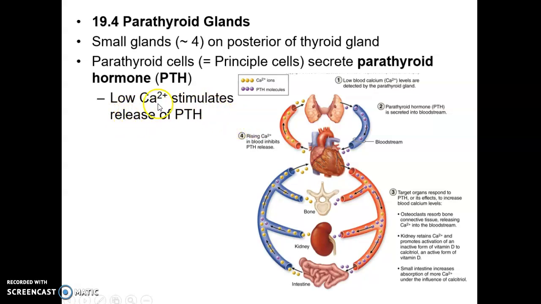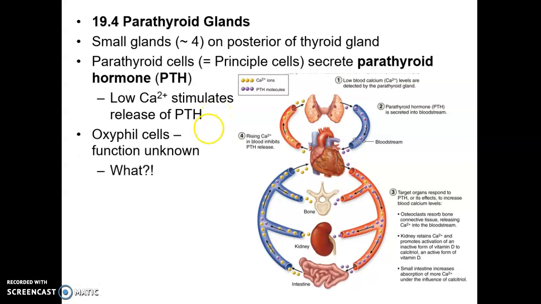So low blood calcium levels, so this 2+ here means a calcium ion in the bloodstream. When you have blood calcium levels that are too low, right, below homeostatic levels, that stimulates the parathyroid gland, its parathyroid cells, to secrete parathyroid hormone. And we'll see here what the effects of that are on the body to increase blood calcium levels back up to normal homeostatic levels.